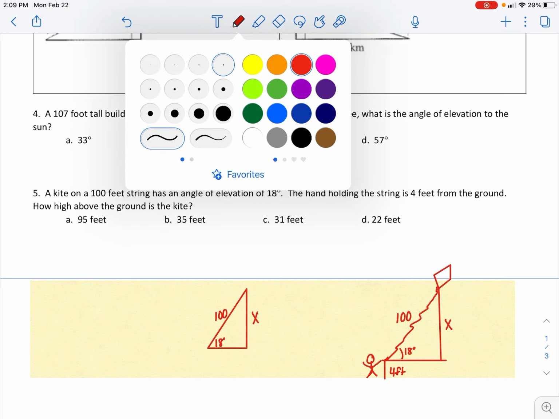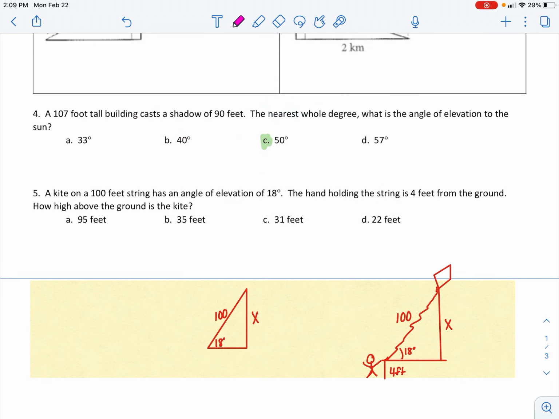The first thing you need to do is make sure we know what sides we have. So in relationship to this 18-degree angle, we have our opposite side and we have our hypotenuse. So with opposite and hypotenuse, we're going to be using sine. So we have the sine of 18 is equal to our opposite over our hypotenuse.